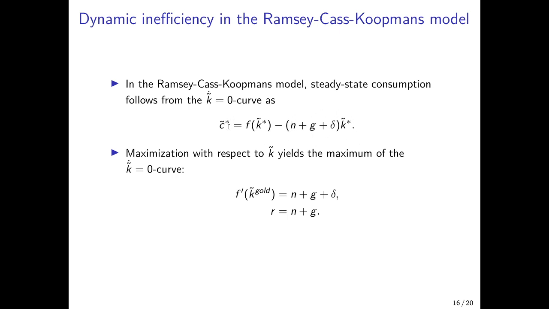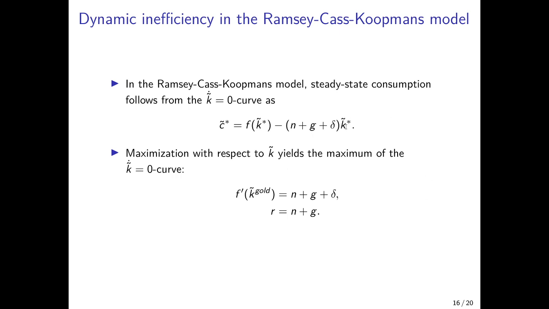If we want to maximize consumption per unit of effective labor with respect to the capital stock, we need to take the derivative of this expression with respect to K tilde and set it equal to 0. That means we have the derivative of the production function with respect to capital per unit of effective labor at the golden rule level of the capital stock. That's the marginal product of capital again.